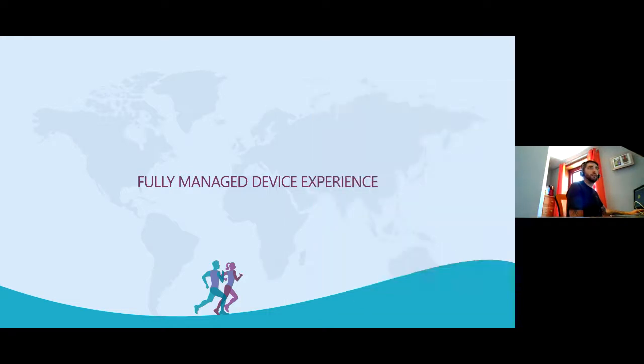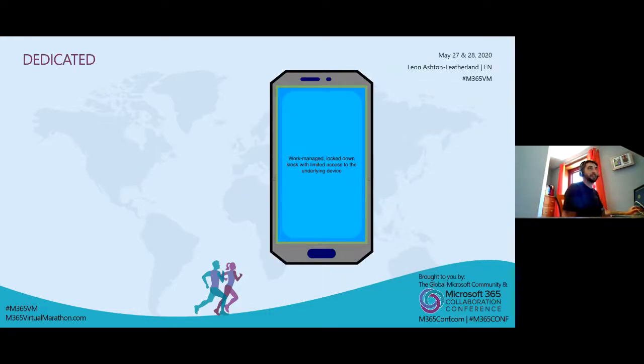So that's fully managed. The next solution set I'd like to talk about is dedicated. Just to recap, we've had work profile, we've had fully managed, and we've had dedicated. This is available as of Android 6 and later. Again, it is a company-owned scenario, and this kind of device is your single-use device.